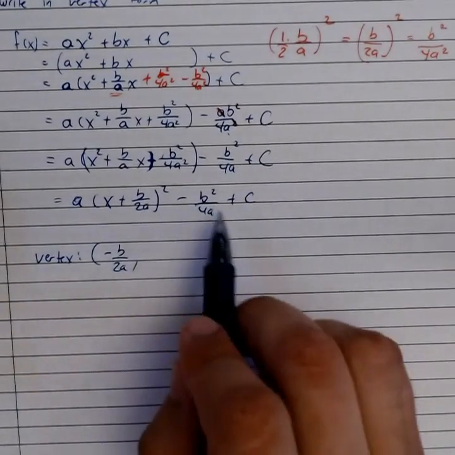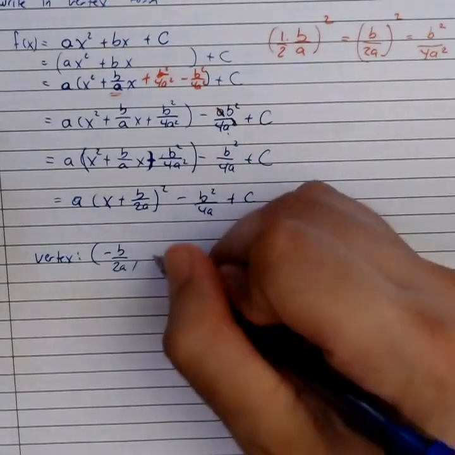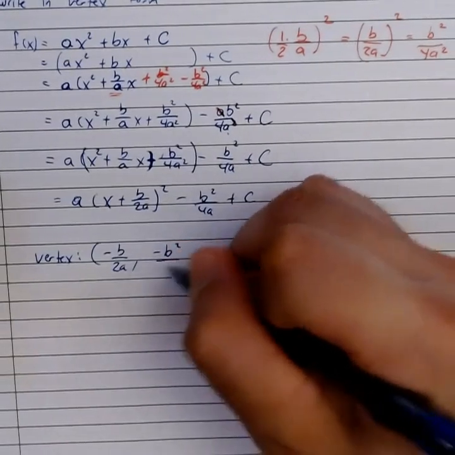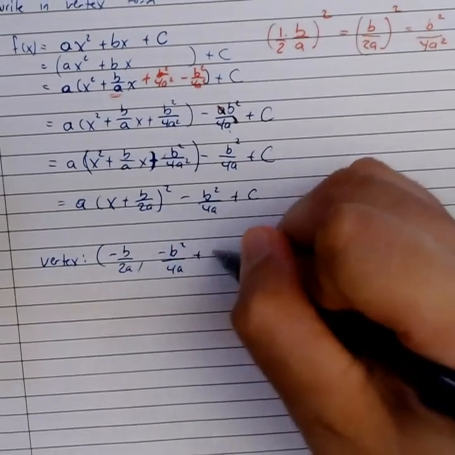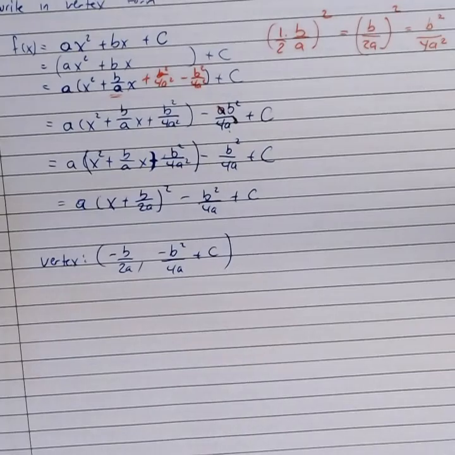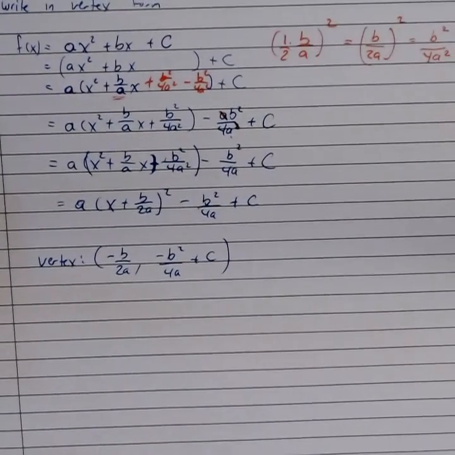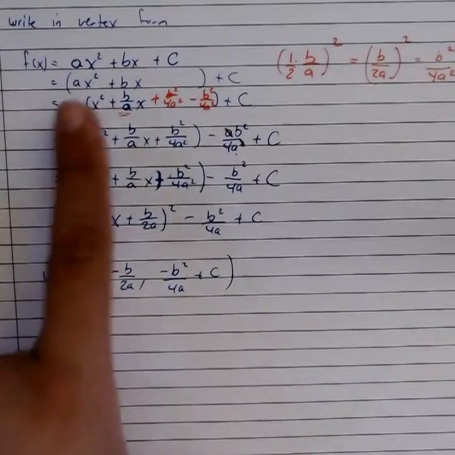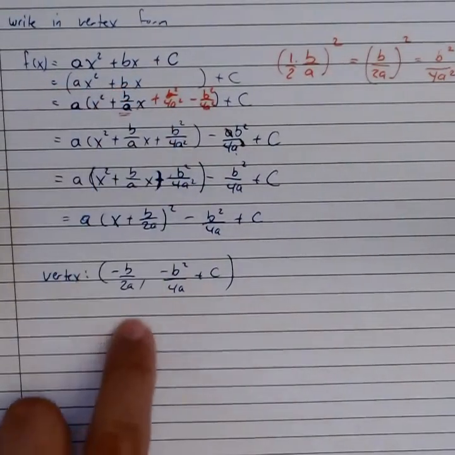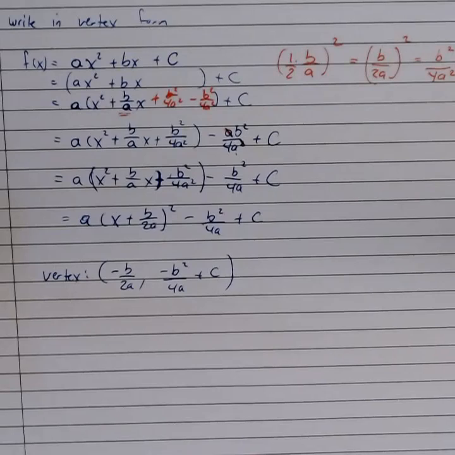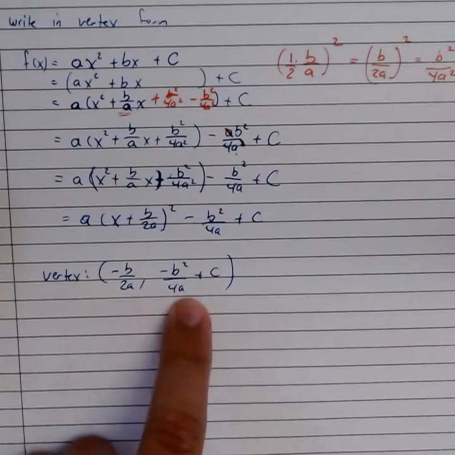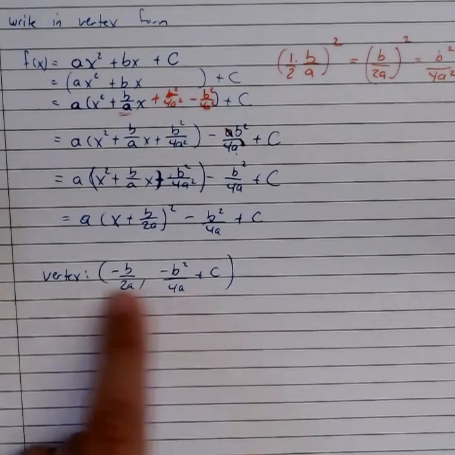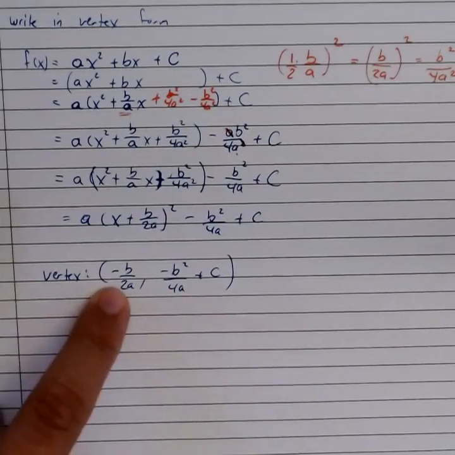I want the second coordinate to be this stuff. I want it to be negative b squared over 4a plus c. And there we go. There's a formula for the vertex. Notice it doesn't look like the quadratic formula, but in a way it kind of does. It uses the values of a, b, and c to tell you what your vertex is. We can write this part a little more simply because notice this is the x coordinate of your function.